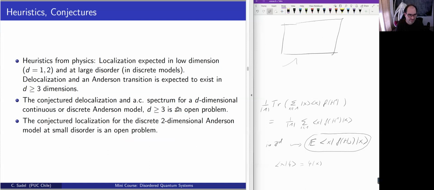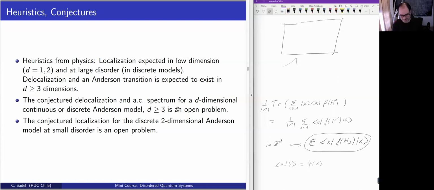Now, the conjectured delocalization and absolutely continuous spectrum for a d-dimensional continuous or discrete Anderson model, d greater or equal than 3, is still an open problem. And the conjectured localization for the discrete two-dimensional Anderson model at small disorder is also an open problem.